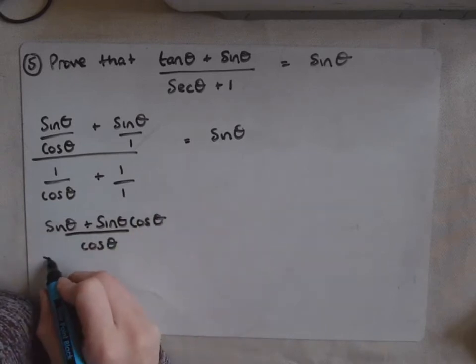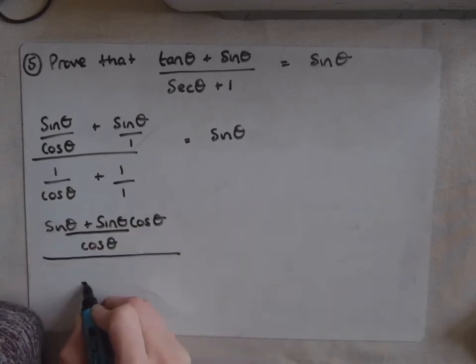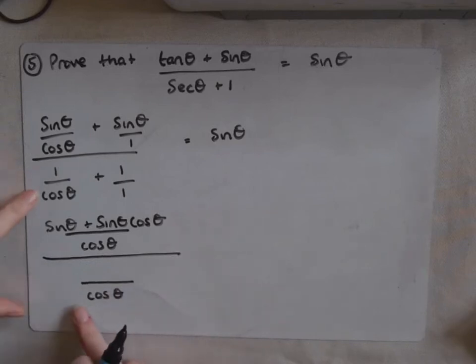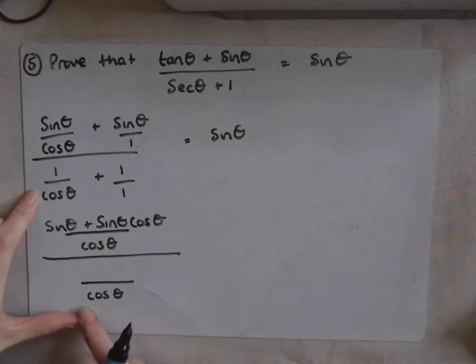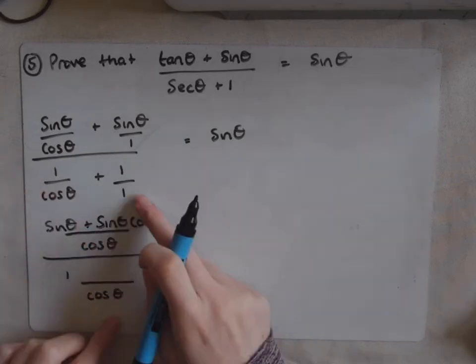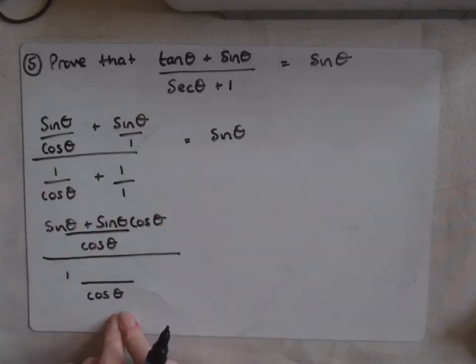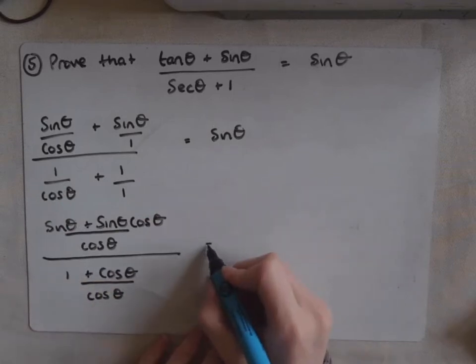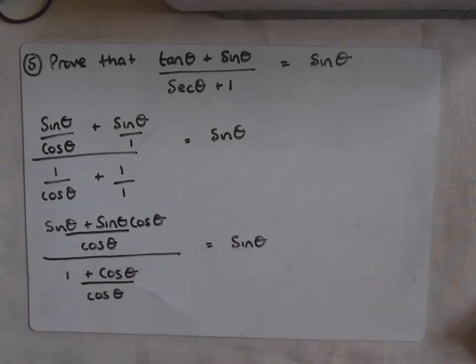And on the bottom line, cos of theta is my common denominator again. Cos of theta by 1 gave me cos of theta, so put a 1 on top. And 1 by cos of theta gives me cos of theta, so cos of theta goes on top. Still just leaving the right hand side there.